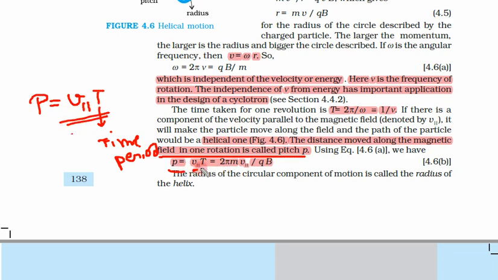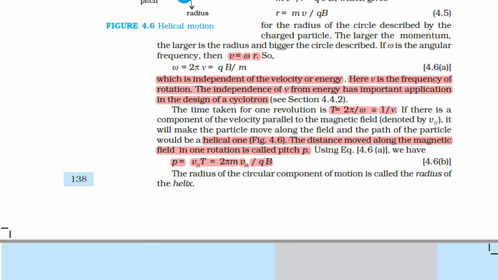So this is v parallel into T. Now T is equal to 1 by nu. When we put all the values here, what do we get? T is simply 1 by nu.